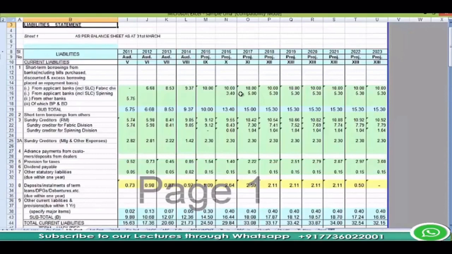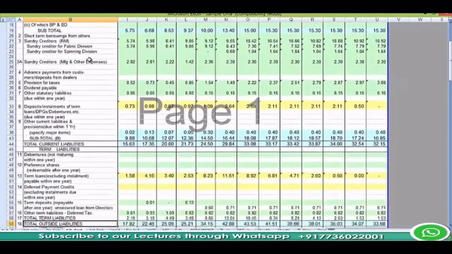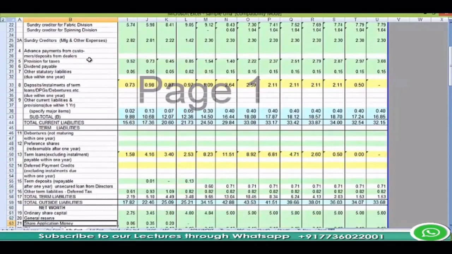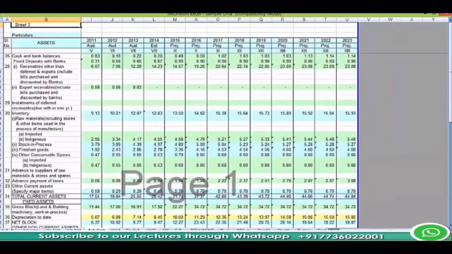So the liability statement will classify the liabilities into current liabilities, then all current liabilities will be listed, then term liabilities, that is those liabilities which are payable after 1 year, then it will break the other portion into net worth. This is nothing but the owner's contribution, which are in the form of capital, in the form of reserves, etc. So total liabilities will be captured in this statement.